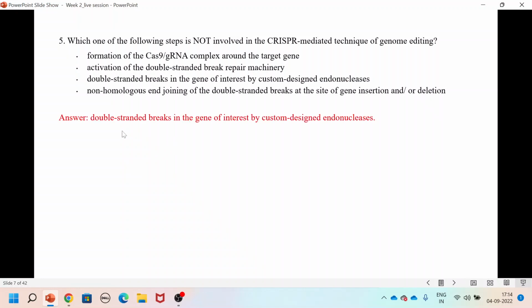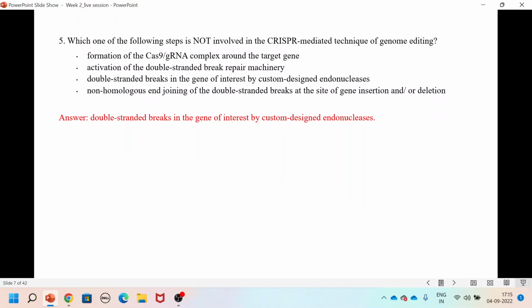So the correct answer is that the double-stranded breaks in the genome of interest are not made by custom designed endonucleases, as the endonuclease which is used in CRISPR, we all know, is Cas9. So it is not a custom designed endonuclease, as in the other genome editing approaches.